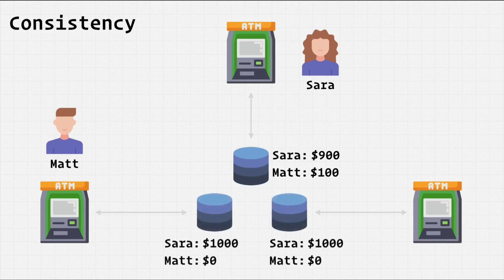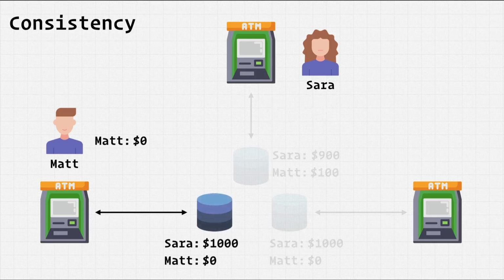If the data is inconsistent, then if Matt were to check inside of his ATM, even though Sarah has deposited $100 into his account from her account, because this database is not consistent, he will still see that his balance is $0, even though Sarah's database that she updated has reflected that there should be $100 in there for Matt. Now, we know that this $100 does exist in the actual database where Sarah made the transaction. But because our database here is not consistent, we don't reflect that.